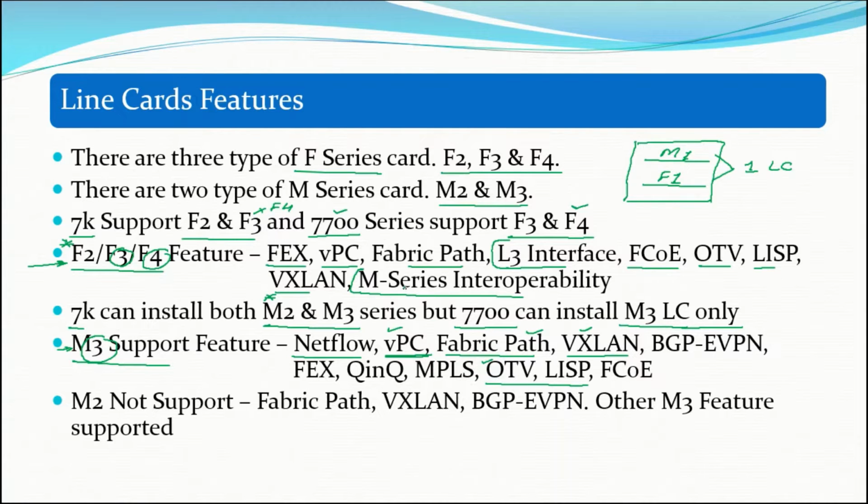And now they have the option to work with F series of line card as well. If we use M2 series, then we cannot use all these features. Just note down somewhere that we have the limitation in our release notes and in our product data sheet. We can see these options are not available there.